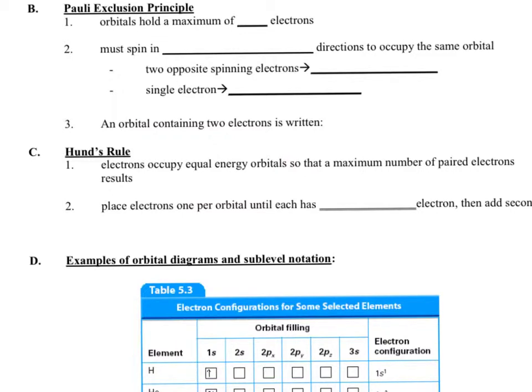So we had the Aufbau principle. Now we have the Pauli exclusion principle, and you should know this. Orbitals hold a maximum of 2 electrons, and they must spin in opposite directions. Okay, Vikings don't want to poke each other's eyes out. To occupy the same orbital, they must spin in opposite directions. So we say that if there are 2 opposite spinning electrons, then they are paired.